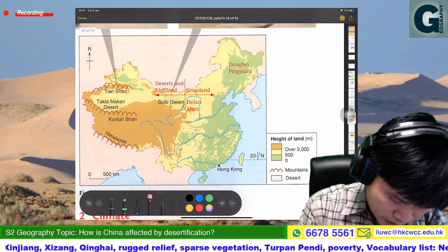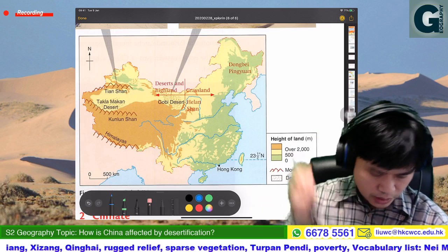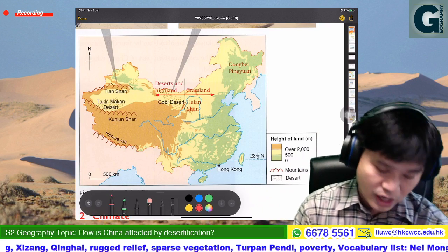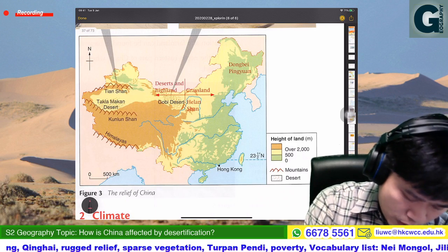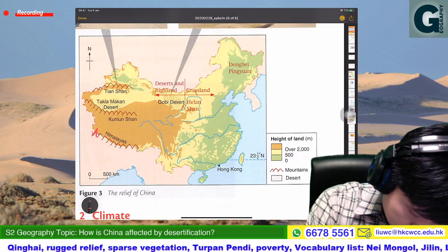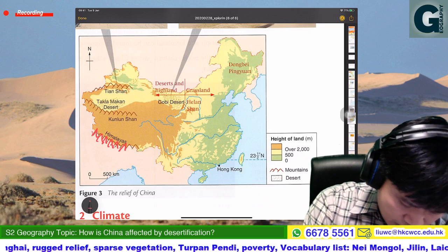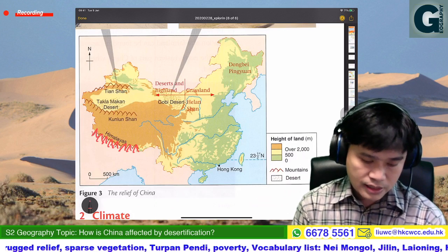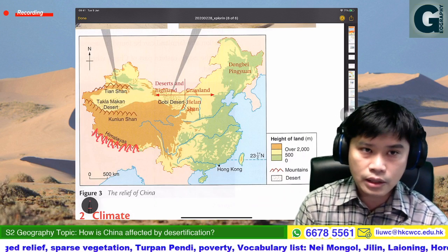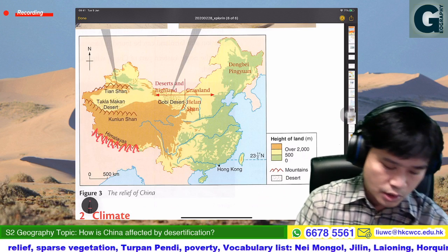And here are some landscapes. We have studied, such as in the southwest, the Himalayas, which is a mountain range. Then there are more mountain ranges we may note.